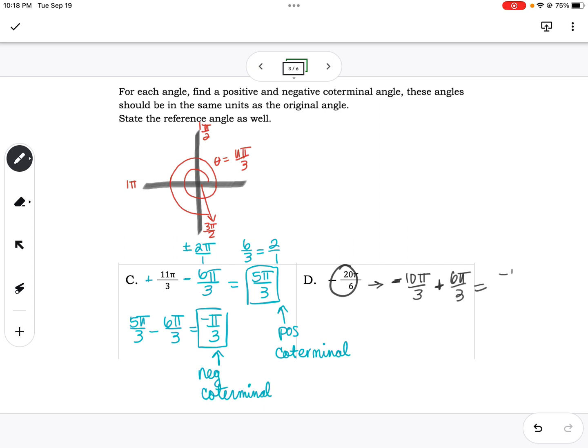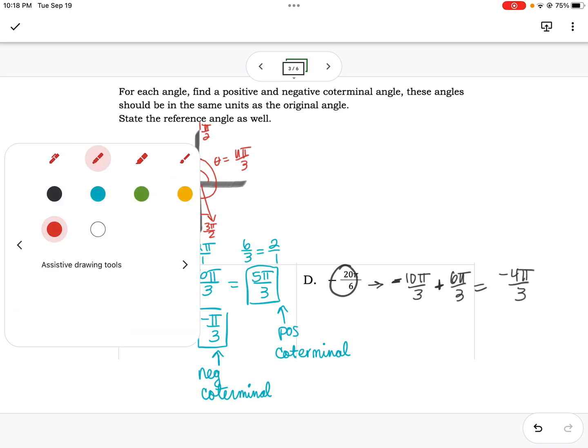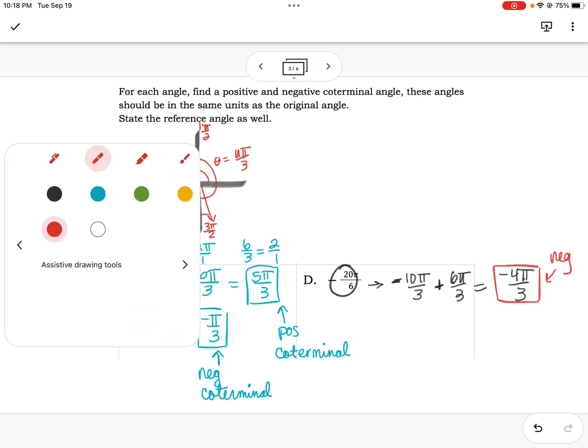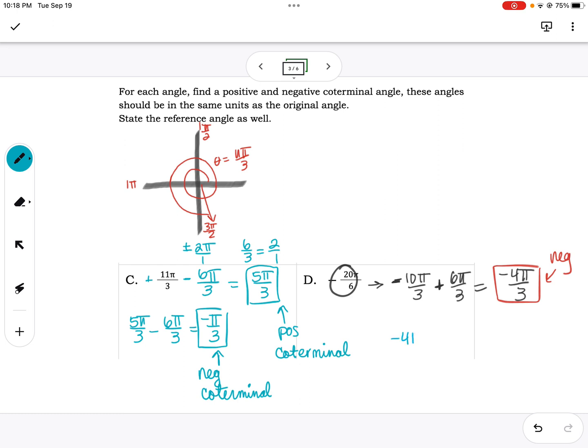And that's going to get me negative 4 pi over 3. All right, so it looks like I've found my negative coterminal angle. I'm going to pick back up with that negative 4 pi over 3, and I'm going to add 6 pi over 3, and that's going to get me 2 pi over 3. This angle is my positive coterminal.